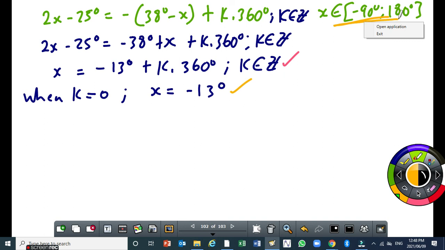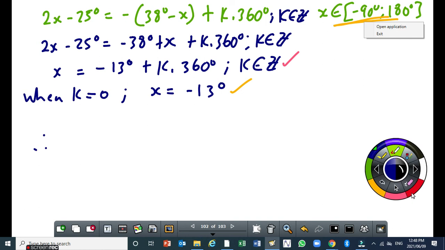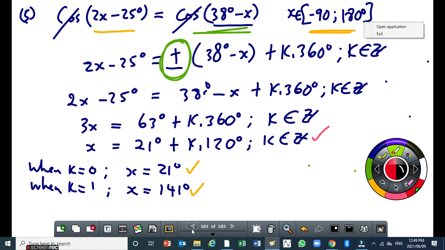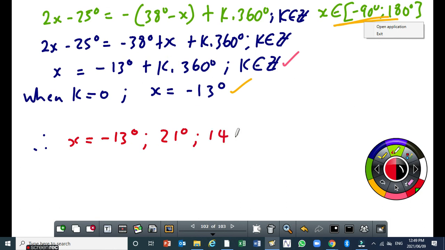Right? Then, if I put k equal to 1, I'll get a value outside. If I put any other value of k, I'll get a value outside. Therefore, my x values are going to be, x will be equal to minus 13 degrees, and 21 degrees and 141 degrees.